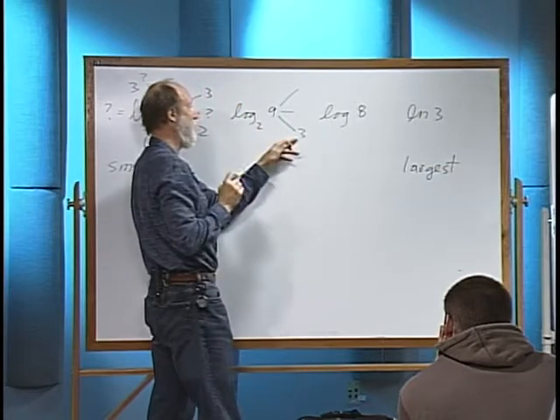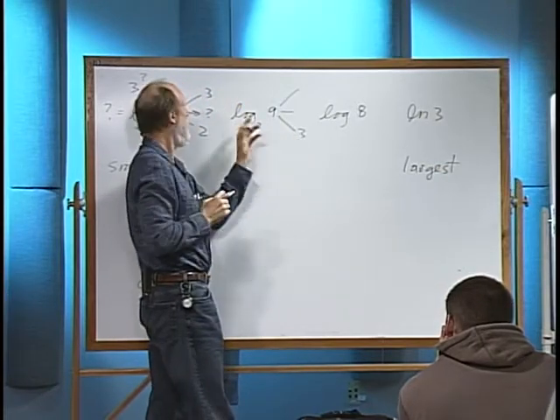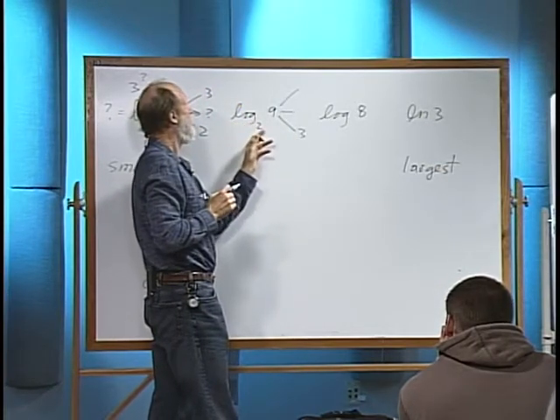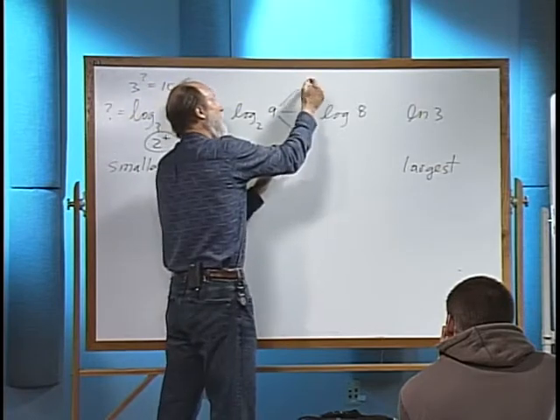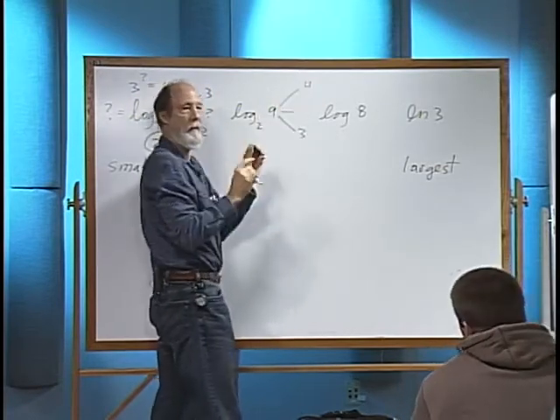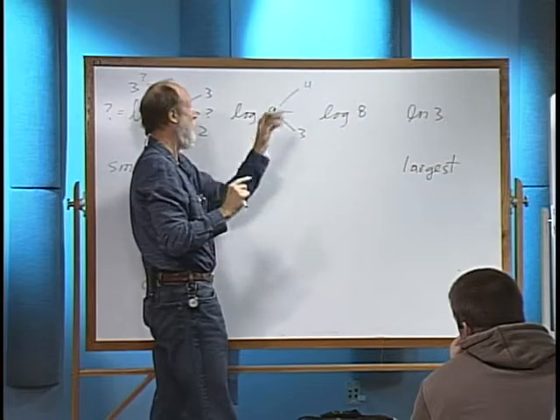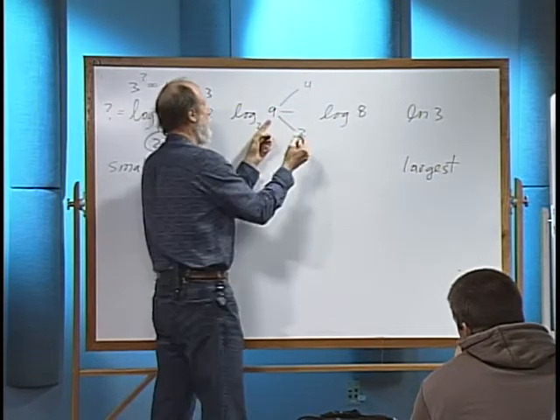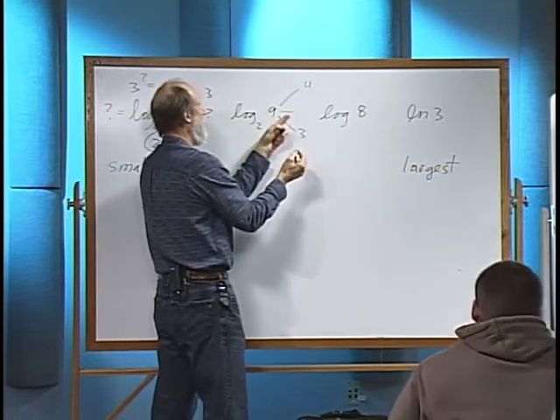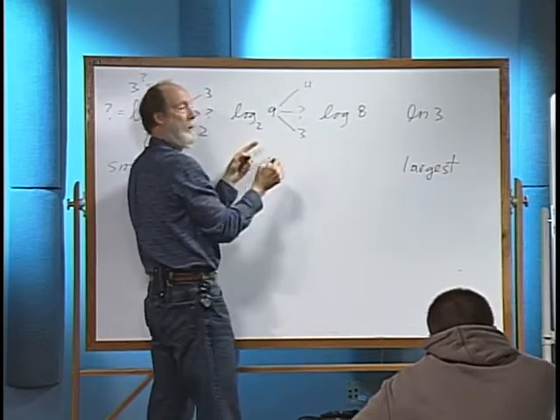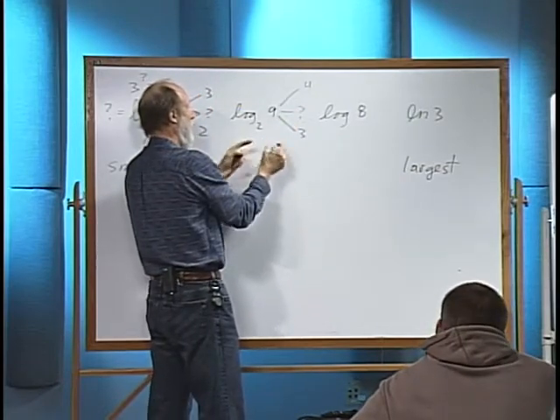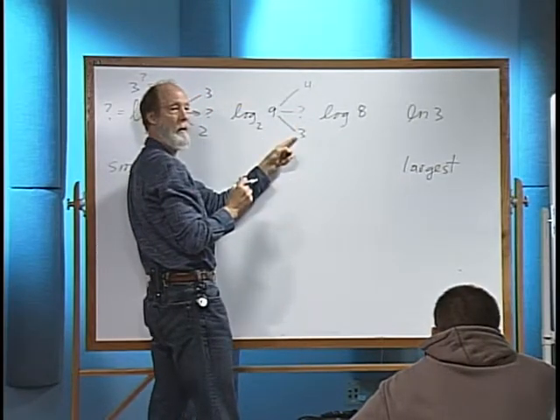Because 2 to the 3 power, you know, is 8. And 2 to the 4th power would be 16, way too high. So you're probably going to estimate a number like what? A touch bigger than 3.